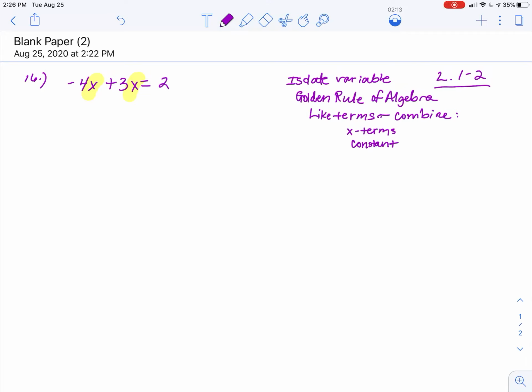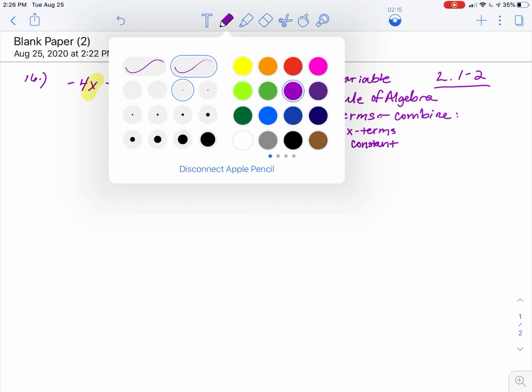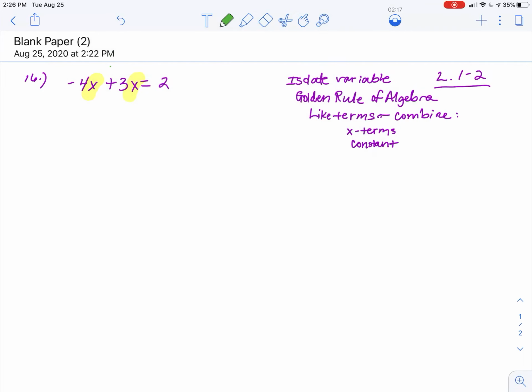And if you want to divide those sections, we've been doing that a little bit in class because last year we learned to do that. And I wanted to remind you how to separate our terms so you know which signs are going with which set of numbers. Okay, so in this case, I have negative 4x plus 3x. I notice that they're both x terms, so I'm simply going to put those together by putting together my negative 4 plus 3.